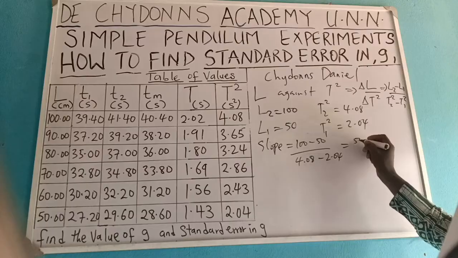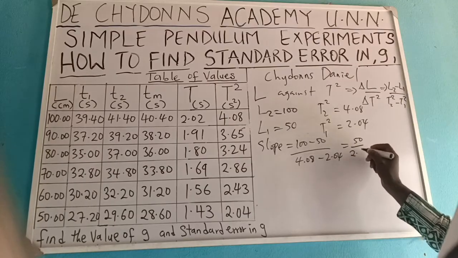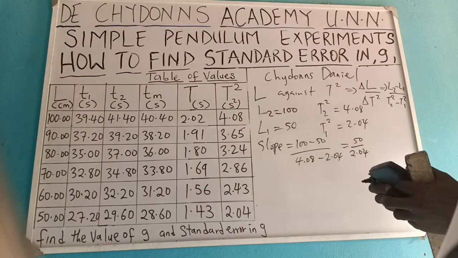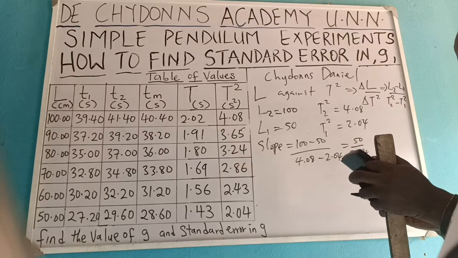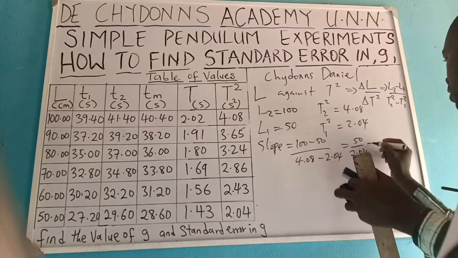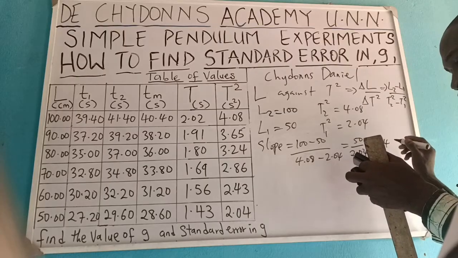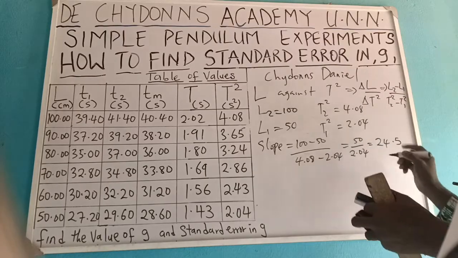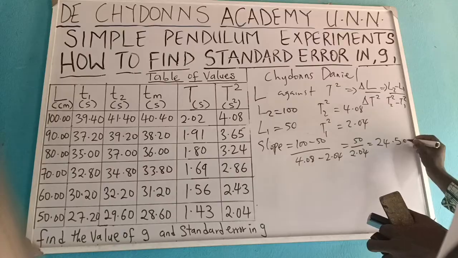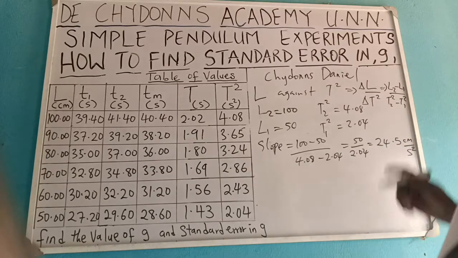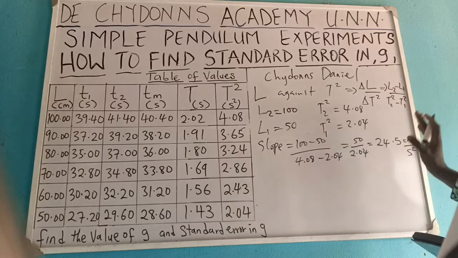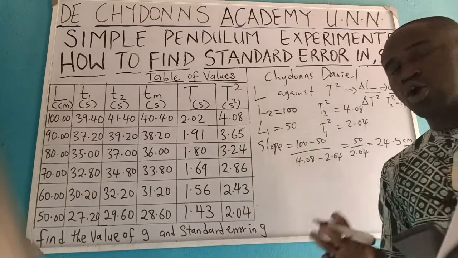That will be 50 over 2.04. Now, 50 divided by 2.04 gives us about 24.5. What is the unit? Centimeter per second squared, because you must attach your unit to the slope you got.